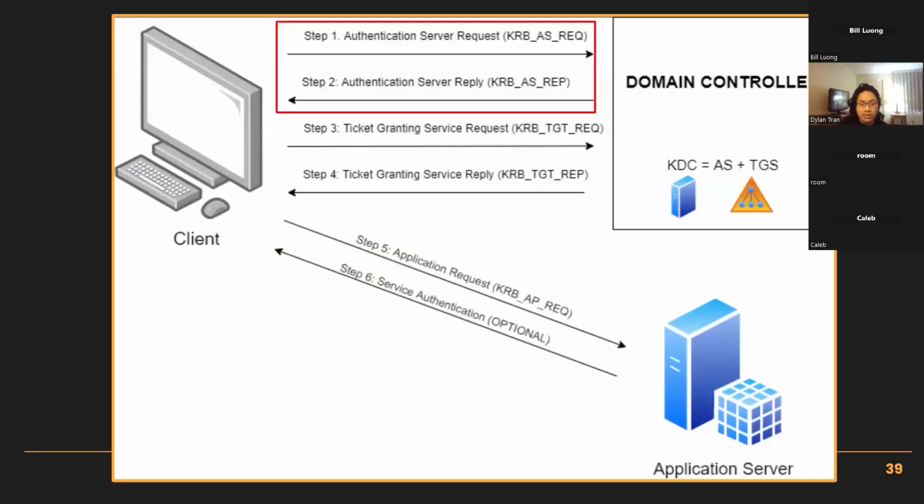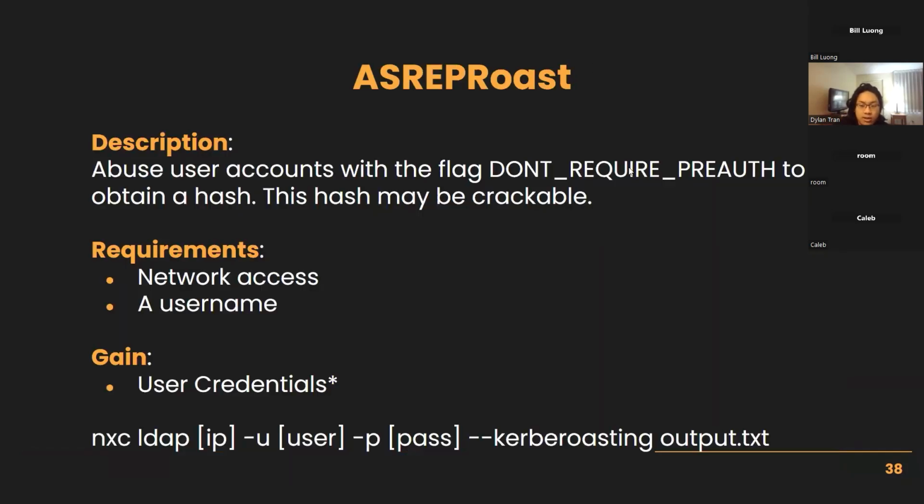I don't know if I have the diagram over here, but okay, yeah, that's useful. With the first two steps of Kerberos authentication, you get to skip through step one. That is the AS-REQ, because you do not require pre-auth, so you don't need to do your pre-authentication, which just means you don't need to authenticate to get a TGT.